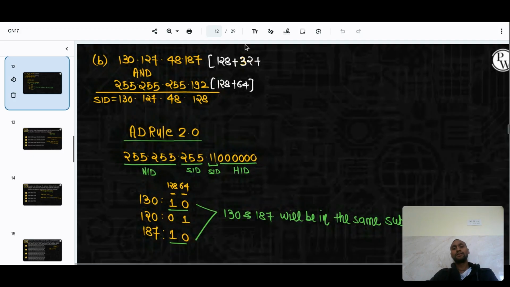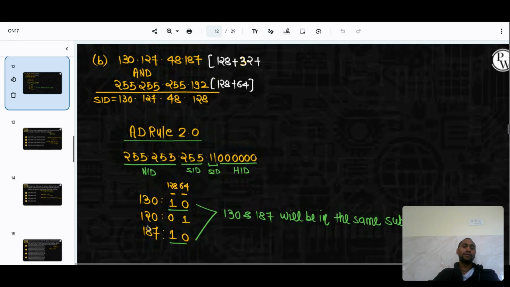This is another shortcut trick. By using the subnet mask, you can also find the SID. This is the 8 bits that are not focused on, and 2 bits are also focused on. So that is 128 and 64.